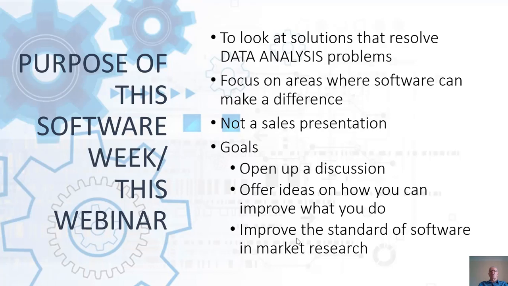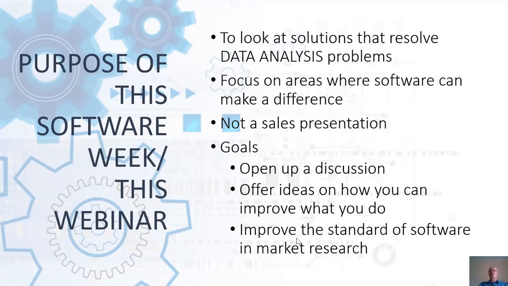It really is to open up a discussion where we can look at things that we think are important for you to consider, and to offer some ideas on how you can improve what you do. And I'd like to open it up even further to make it a call to improve the standard of software we have in market research. Market research software has grown from what it was perhaps in the 1990s, to just tabulation software, and then CATI software came along, and it's now moved along in that time.